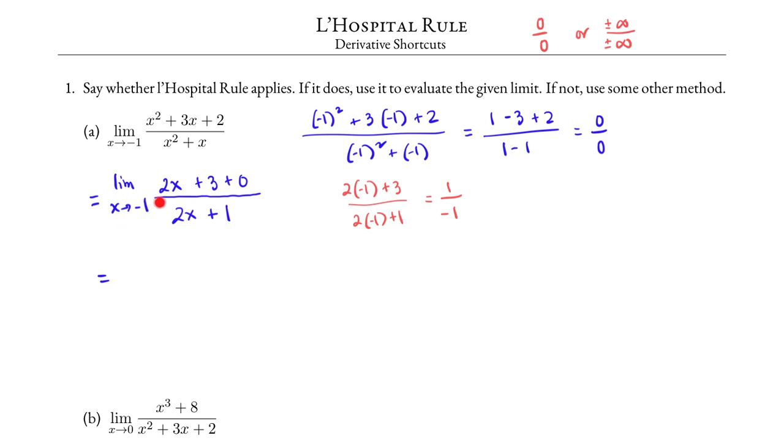But in this limit, x does not go to -1/2, so we can simply plug in the number and find the limit. 2 times -1 plus 3 over 2 times -1 plus 1, and we saw that this is 1 over -1, and so the answer is -1. This is the limit of the original problem as well.